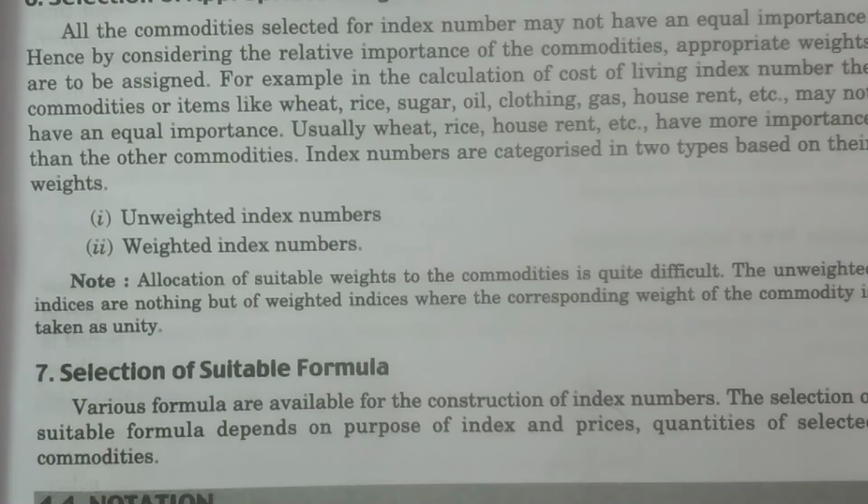If you want to construct index numbers to know the changes in the quantities, we construct another kind of index number. That depends on the formula. So in such a fashion, the suitable formula is going to be selected for the construction of the index number. So these are the seven points, the various problems involved in the construction of index numbers. Hope you understand.